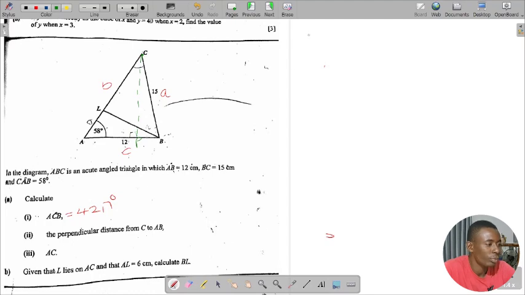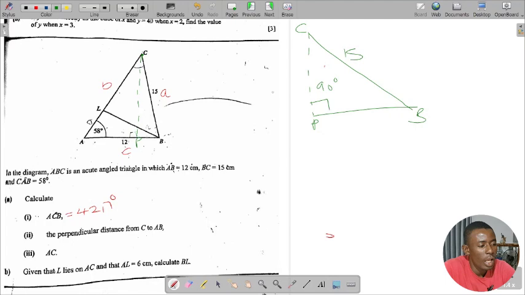And let me split this triangle from the whole diagram so that you can see clearly what I'm doing here. So here is perpendicular P, and here we have B, and here we have C. When a perpendicular and a horizontal line meet, they form 90 degrees. So here we have 90 degrees, and this side, which is A, we have 15. Yeah, that's it.